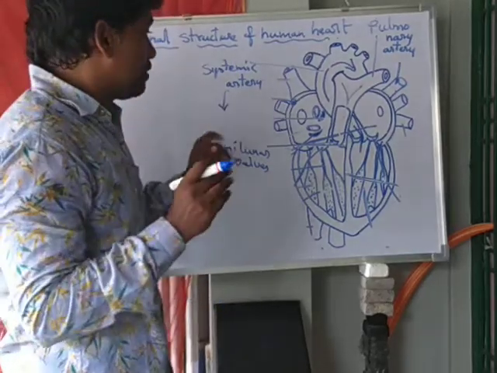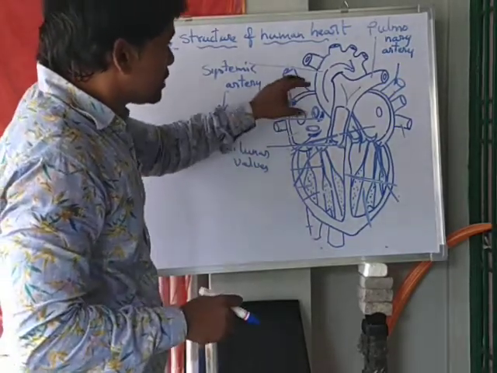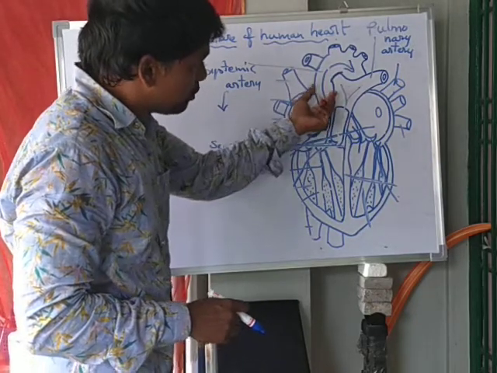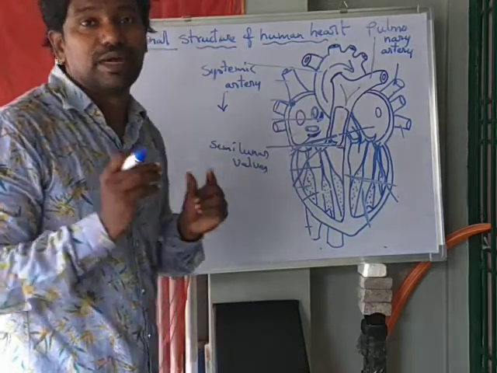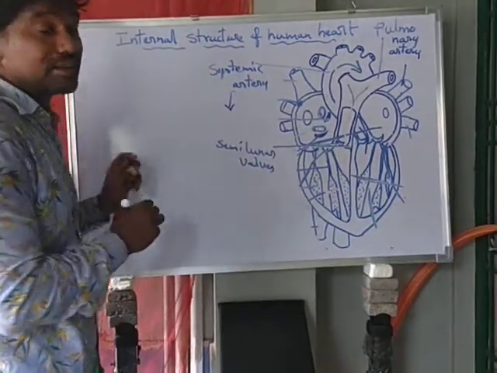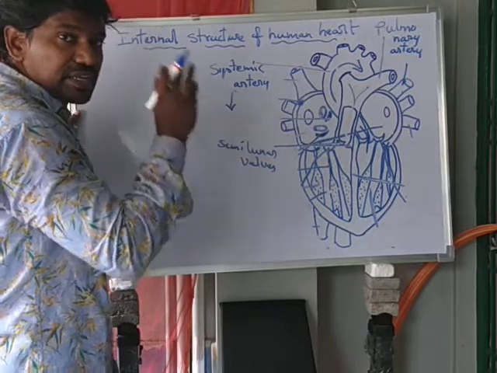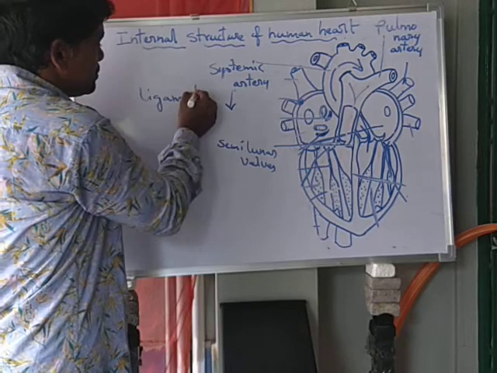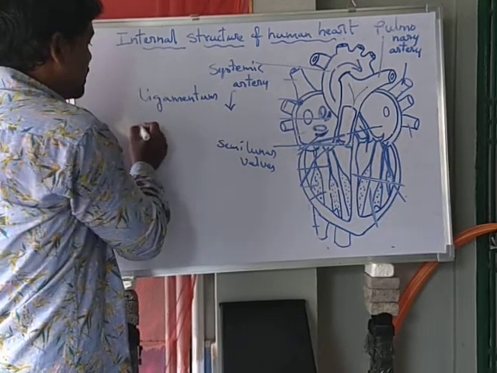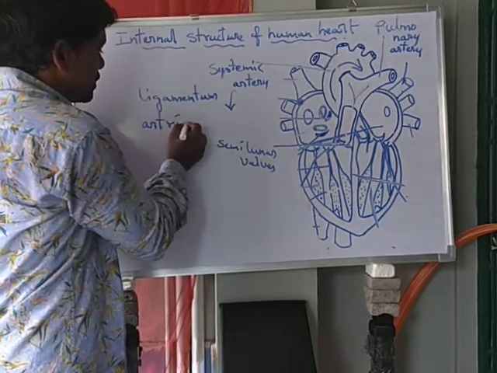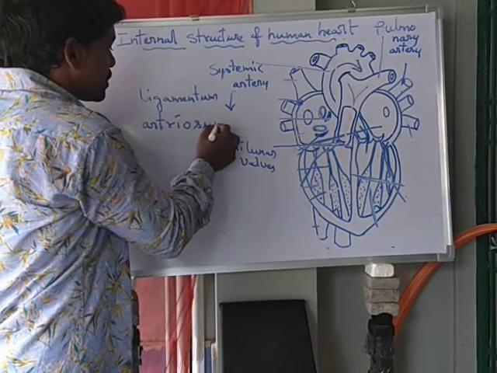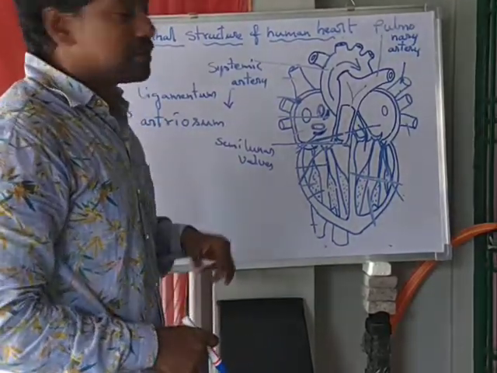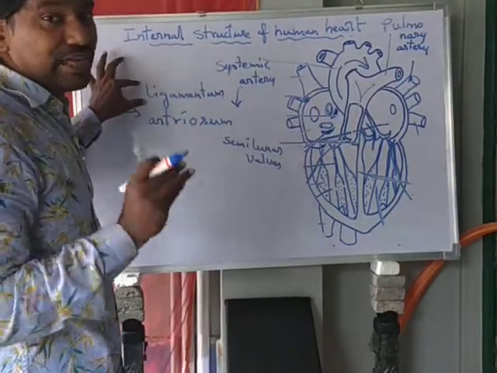There is one more point. This one is the systemic artery and this one is the pulmonary artery. Both arteries are connected by the ligamentum arteriosum, a fibrous strand.